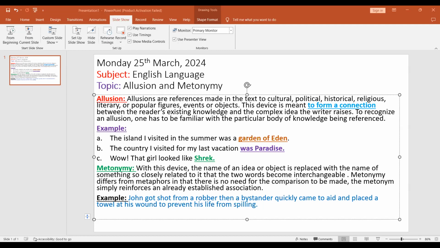Okay. So explain that? What do you mean? As it kind of relates to a metaphor, which is giving something human qualities, his life couldn't actually spill since it's not necessarily a substance or anything that can spill. So that's why I think that way. Okay. So when they say to prevent his life from spilling, what are they referring to? They're referring to stop.